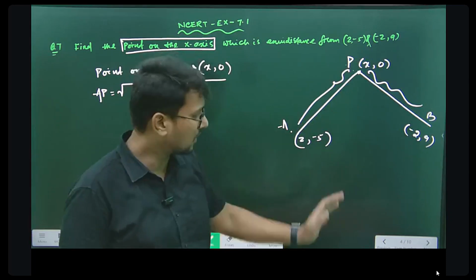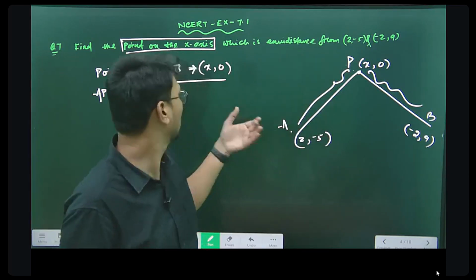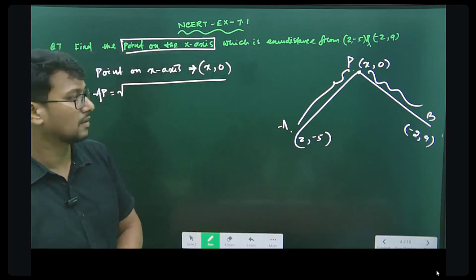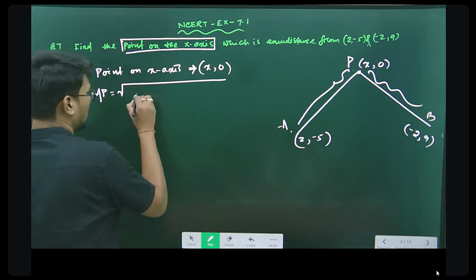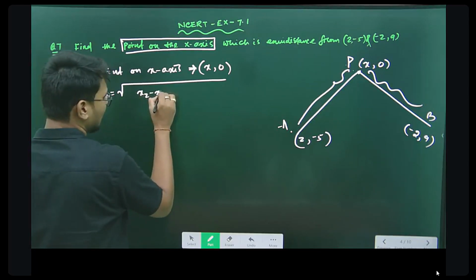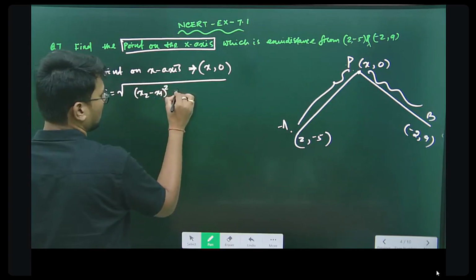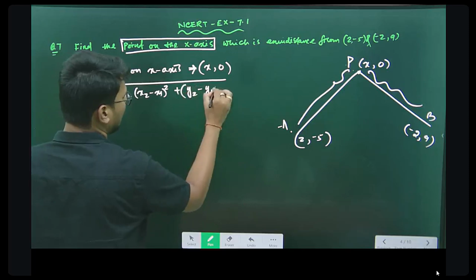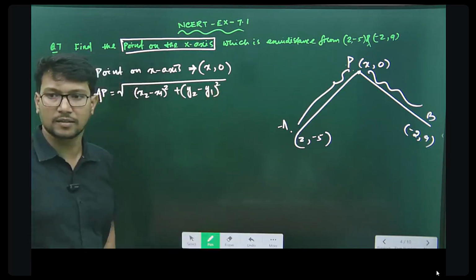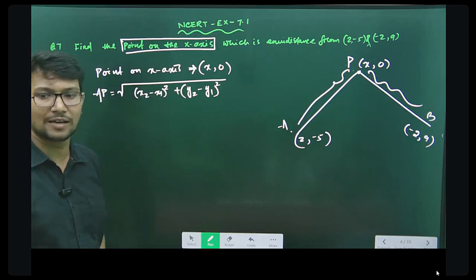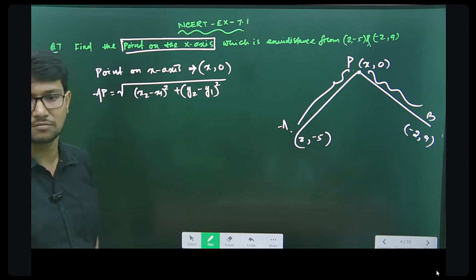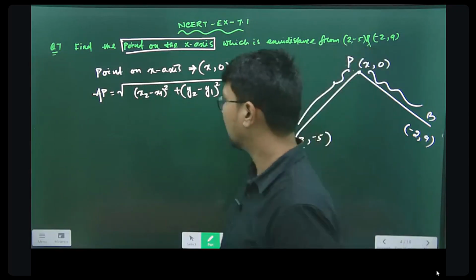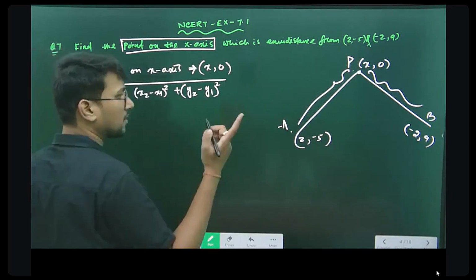Are you getting it? Okay, you tell me right now, for PA, what is the length? You should write x2 minus x1 whole square plus, and so on. Don't forget to write, always start from the formula. Then you will get an errorless solution. Your solution will become errorless. Clear? Okay, tell me, x2 is which one?